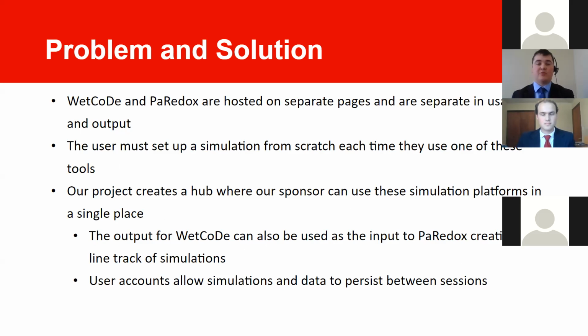Now, the aim of our project was to create a single hub where our sponsor or another researcher can use these simulation platforms in that central location. Because of this, the output from Wetcode can be used as input to the next simulation, Paradox, creating a pipeline or track of simulations. We also allow users to create accounts so that their simulations and data persist between sessions.